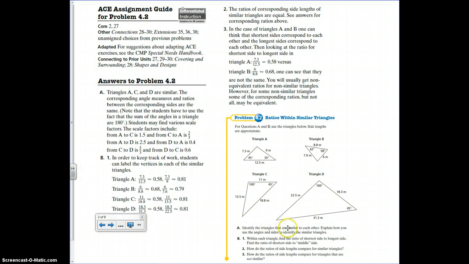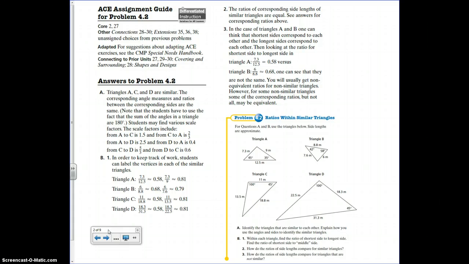The problem was 4.2 and you were looking at the triangles and finding which triangles were similar to each other. In problem A, you were to identify the triangles that are similar and explain how you would use the angles and the sides to find which were similar. So triangles A, C, and D were similar.